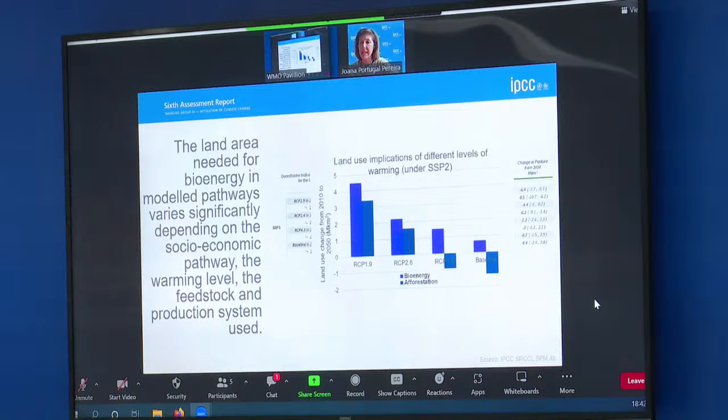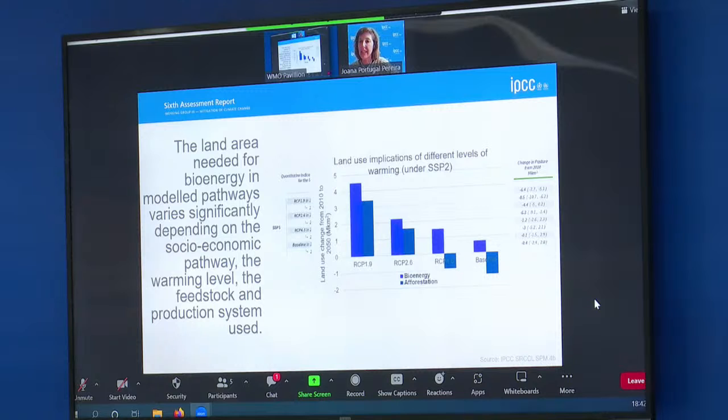Just to zoom in, I actually compare the land implications and landscapes in different global warming levels under SSP2. And as I just mentioned, if we consider a world that stabilized global warming at 1.5, it's the first two bars you see on the left-hand side of the figure, compared to a baseline or RCP 4.5, comparing bioenergy land demand and land for reforestation.